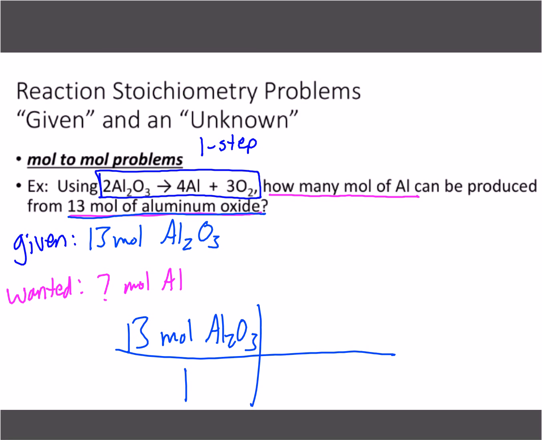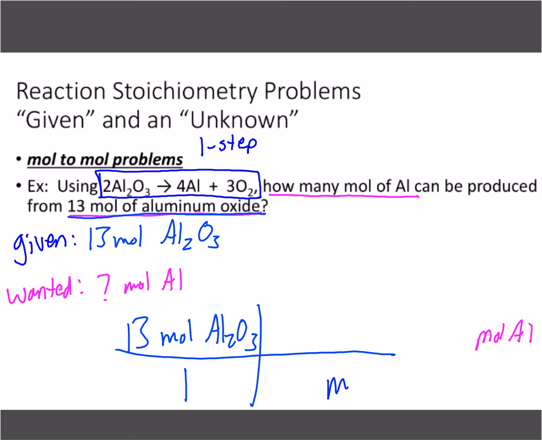So what am I trying to get to in the end? Moles of aluminum. So there's my wanted. That means I don't want to stay with moles of aluminum oxide. So where does that unit, moles of aluminum oxide, have to go in my next fraction to cancel out?